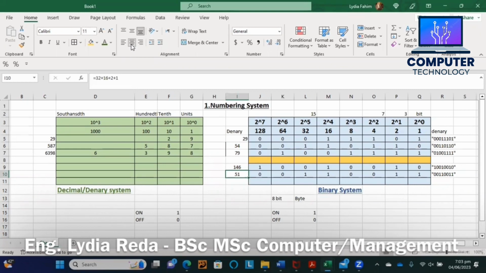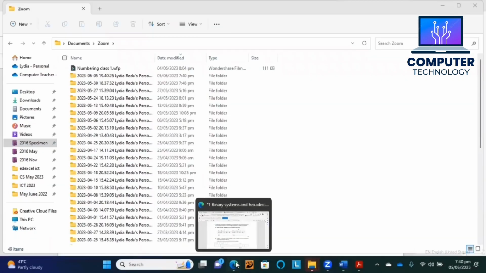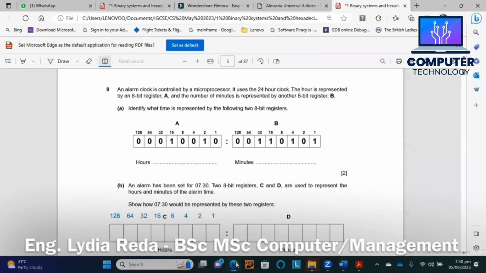I hope that it is clear till now. Let's go now and make some practice from the past paper of the IGCSE and see how interesting and easy it is. We are going to solve some questions from the IGCSE past paper from this chapter, chapter 1, the numbering system, about the binary and denary.